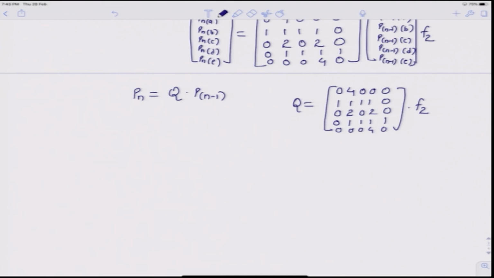With similar logic, we can express Pn minus 1 as Q times Pn minus 2. So, we can write this as Q square Pn minus 2. This should be Q cube Pn minus 3, and if we keep writing this, we can write Pn is equal to Q to the power n times P0, where P0 is the probability matrix that the vacancy will be at the site S after making 0 jumps.